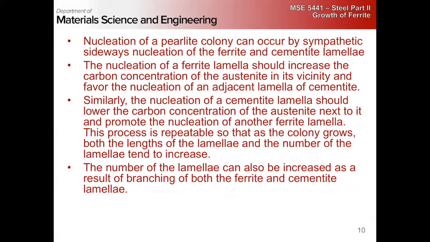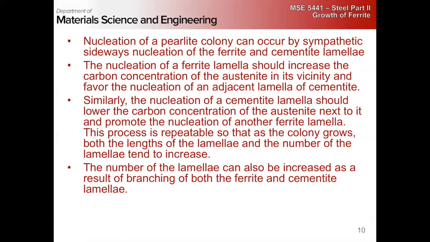So does the ferrite have a higher or lower carbon concentration than the austenite? Lower, right? So if we're transforming austenite to ferrite, we have to move carbon out, right? Does the cementite have a higher or lower carbon concentration than the austenite?